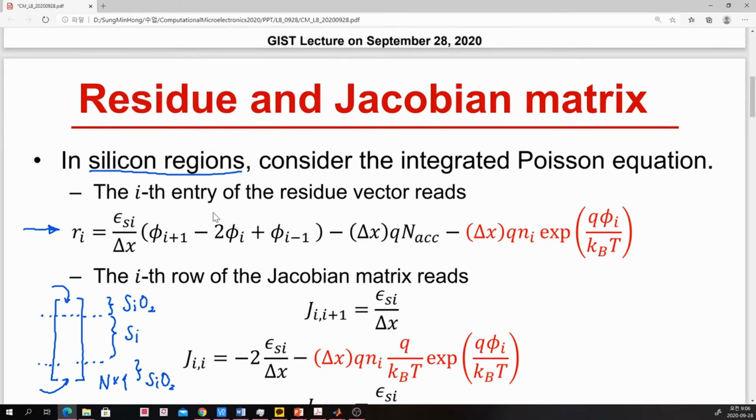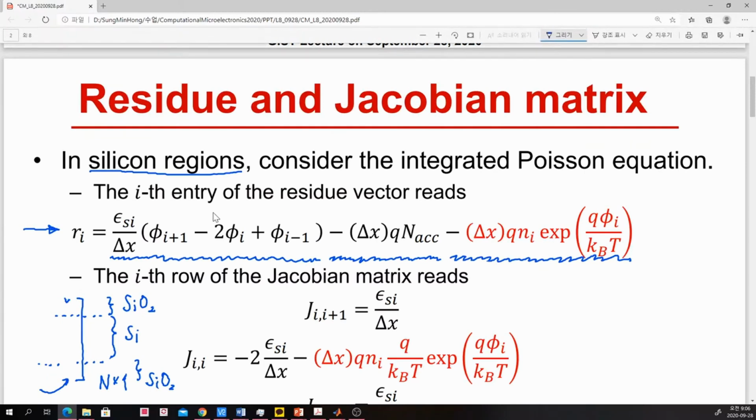The only difference compared with the previous one is this: previously, we had the terms related to the Laplace equation, and this term corresponding to doping concentration, and that was all. However, today we have to consider the contribution from electrons. So please note that once again.